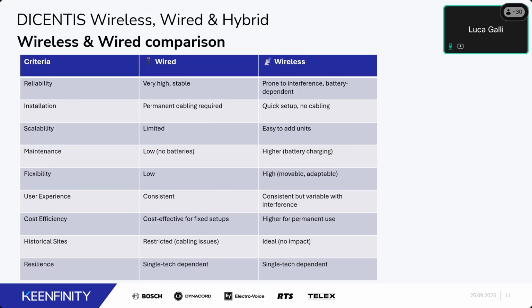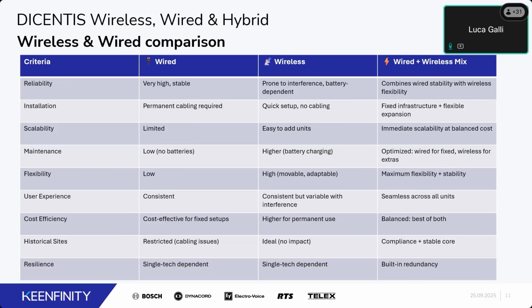Flexibility: wired is low and wireless is high because, as mentioned, we can move and adapt to different environments. Maintenance is more or less the same. It is interesting also to see that in historical sites, wireless is ideal because there is no impact on the environment. So looking at left and right, wired and wireless, we see pros and cons, but at this point, if we can go with a mixed technology, then we can indeed improve the quality of our conference system, because combining wired and wireless, we get the stability of the wired mixed with the flexibility of wireless, and we can get the best of both in terms of cost efficiency.